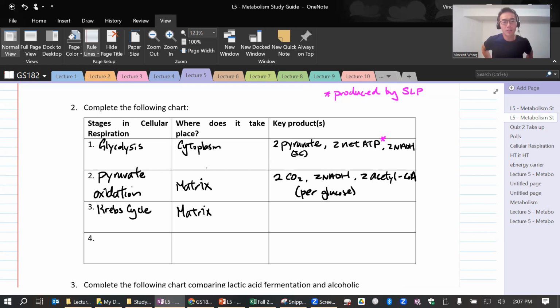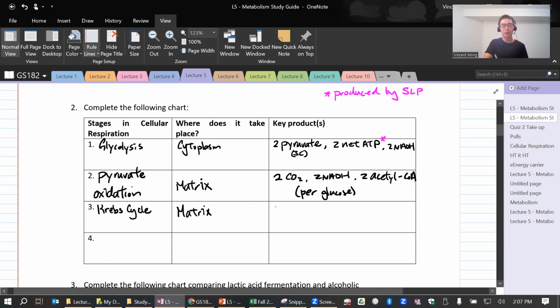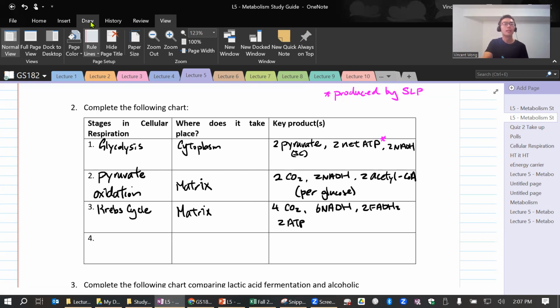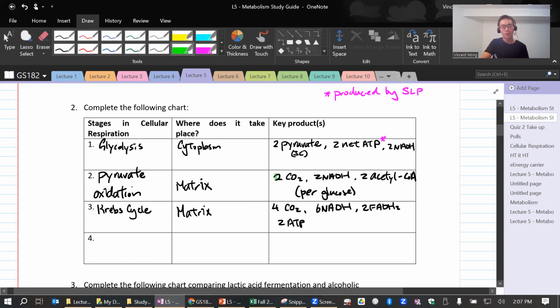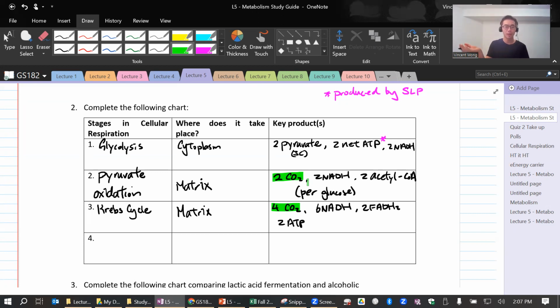So in terms of product, we have 4 carbon dioxide, 6 NADH, 2 FADH2, and 2 ATP. So 2 carbon dioxide here, 4 carbon dioxide here. That makes up the 6 carbon dioxide, right? In cellular respiration, by the end of the Krebs cycle, the glucose is completely gone.